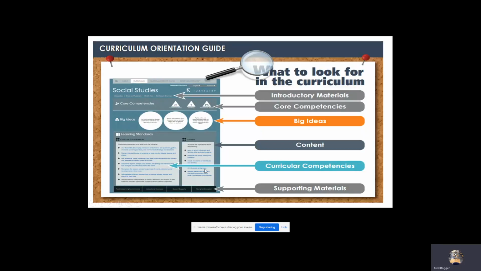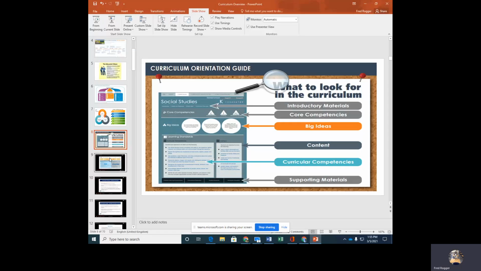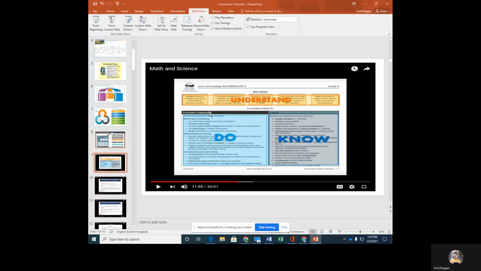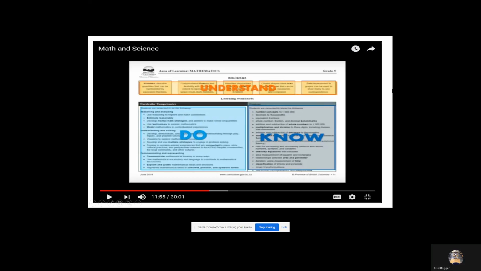And knowing how these things interact with each other is going to help you if you are looking at doing more tweaking to how your practice is going. I'll get into some more of that in a little bit more detail. Another way people are looking at this is a mathematics page.